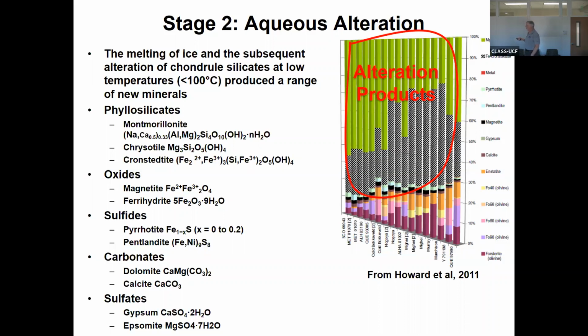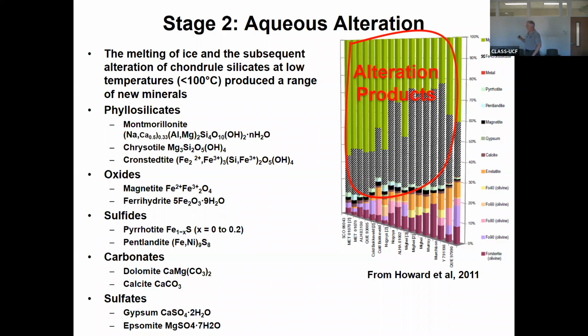It's whatever junk is around. Chrysotile, cronstedtite, oxides like magnetite and ferrihydrite. Again, the story here is almost all of these guys have water hydroxyl stuffed into their crystal structure. Sulfides, because you get a fair amount of sulfur, troilite, iron sulfur being changed into other things.